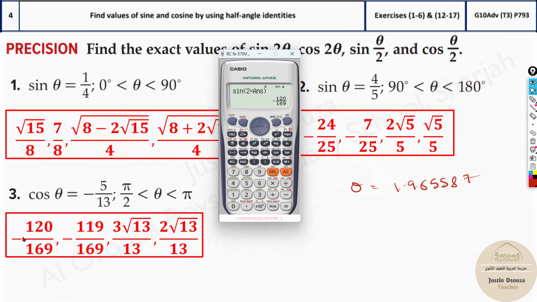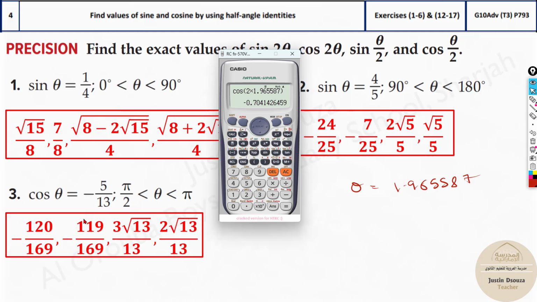Let's look at the answer. But here, even if it's positive, we need to double check. Now this is the same thing, but you have to double check. But let's look at cos 2 theta now. I will just put cos of 2 times the theta value, 1.965587. Here we get negative 0.704.